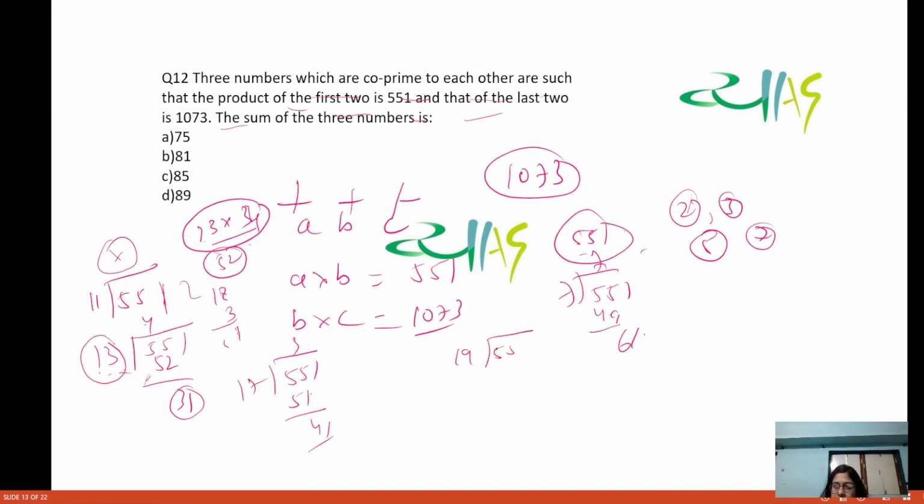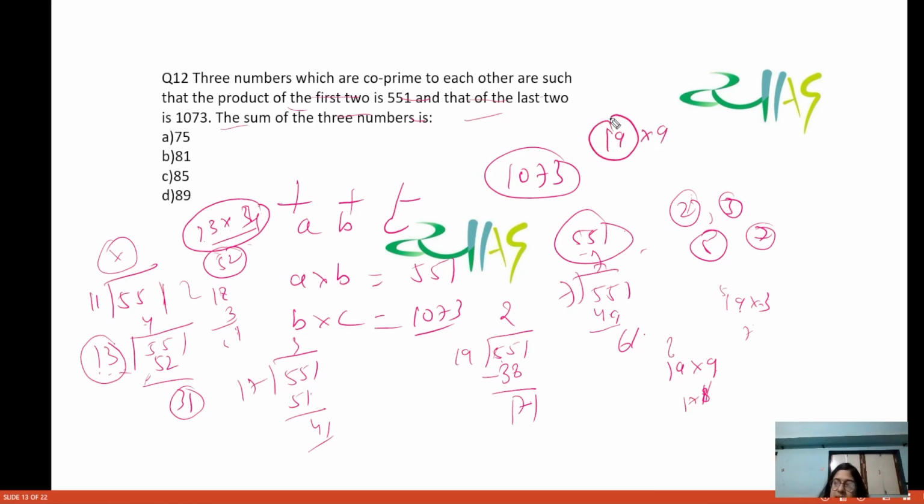We will have to check with 19. So 19 into 3 is 57. Okay, let us try 19 into 2, 38. You have 171. All right, and 19 into 9: 9 9s are 81. So basically 19 into 9.